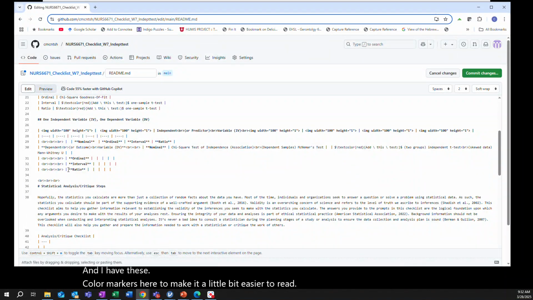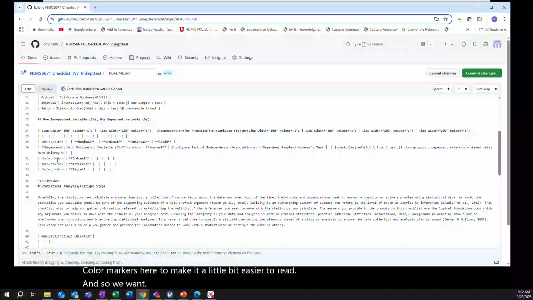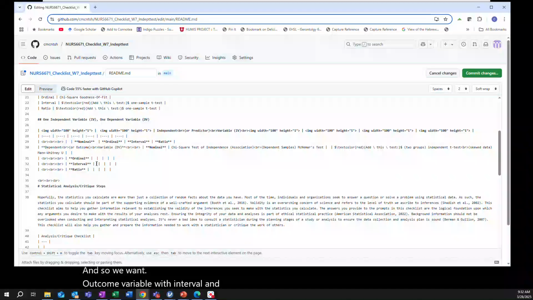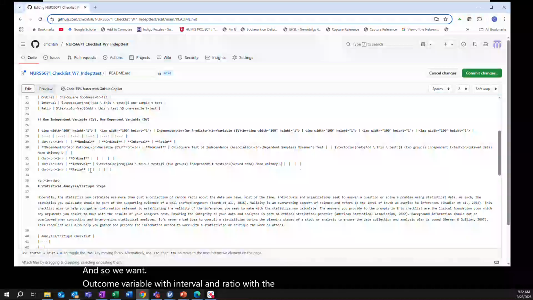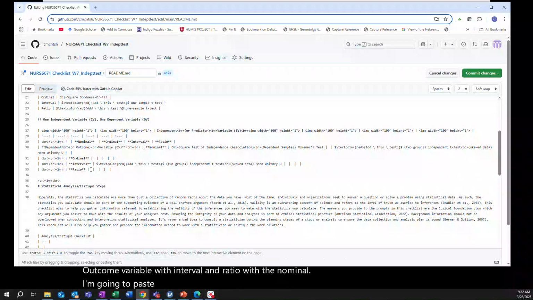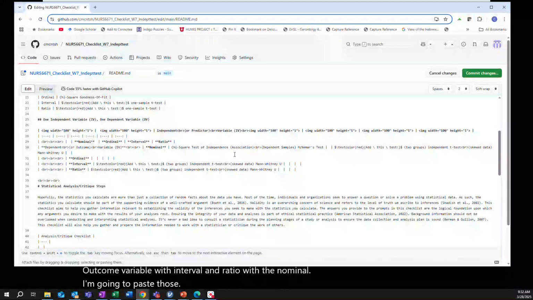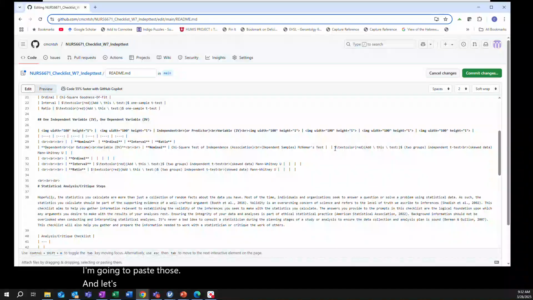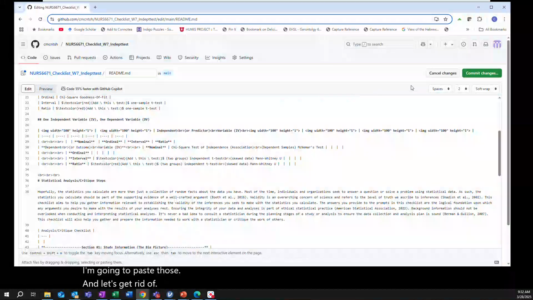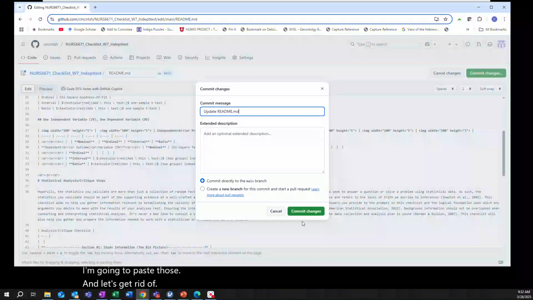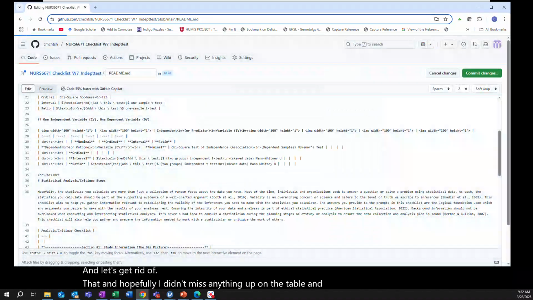And so we want our outcome variable with interval and ratio with the nominal. I'm going to paste those into there, and let's get rid of that. And hopefully I didn't mess anything up on the table and it's going to look okay.